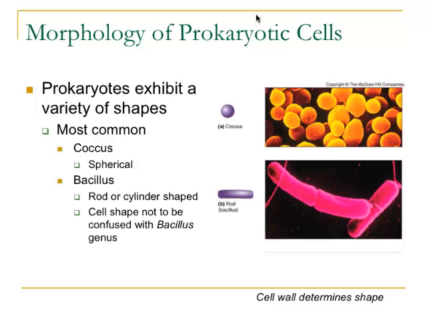So the most common shapes are spherical, or very close to spherical, called coccus when you're talking about a single bacterium, or cocci when you're talking about many. Bacillus, the rod shape, is not to be confused with the genus Bacillus, which I just told you about.